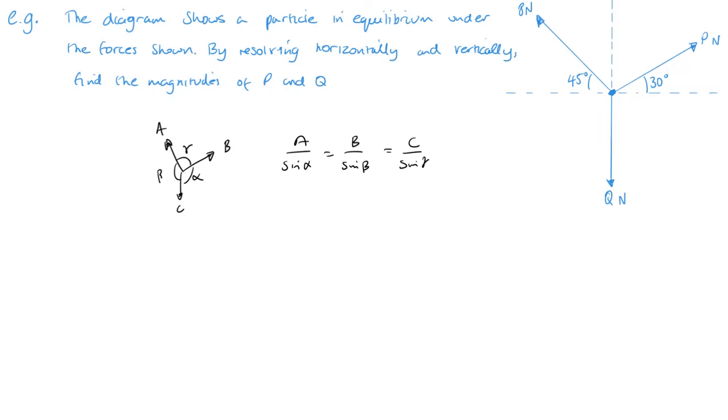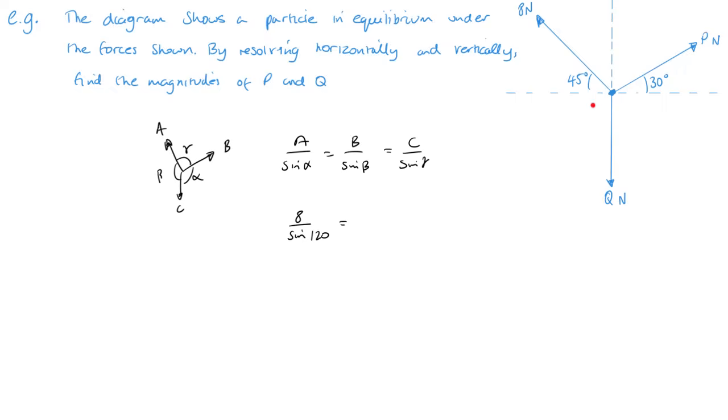Okay, and these then also work. So if I apply it to this problem here, I've got basically 8 over sine 120, the 30 plus 90 here.